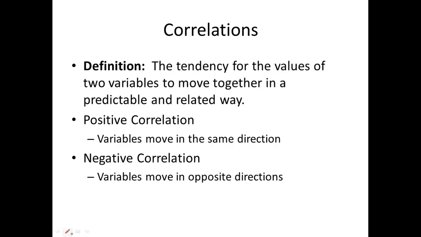Okay, a negative correlation then would be the exact opposite. Instead of going from bottom left to top right, you would have going from top left to bottom right. So as one moves down, the other moves up. Or if you can think about it this way, as one moves up, the other moves down. Okay, and that is again along variable 1 and variable 2.